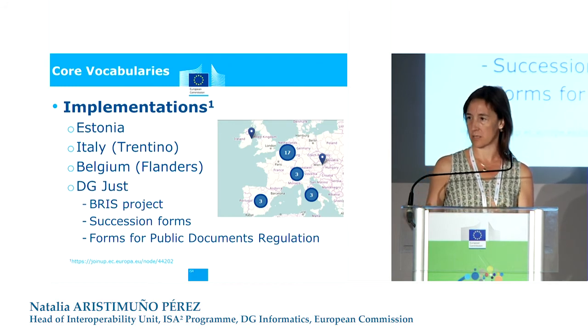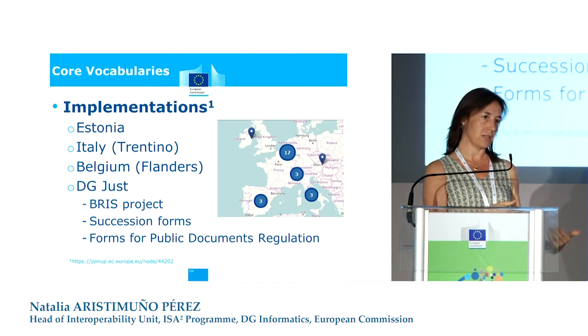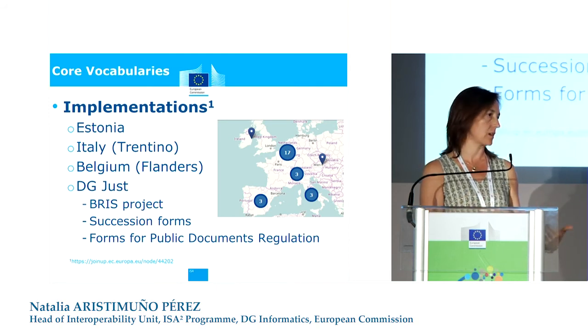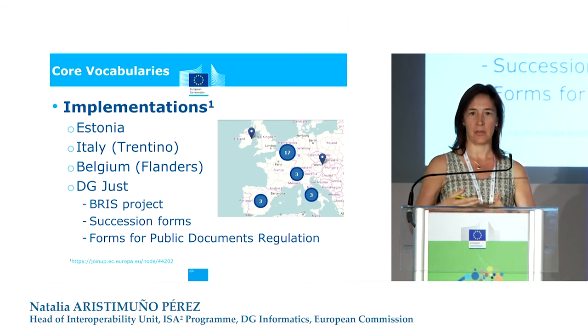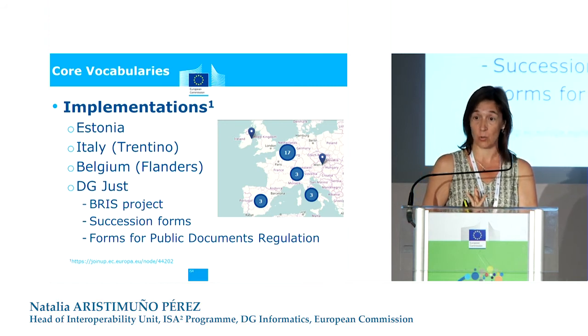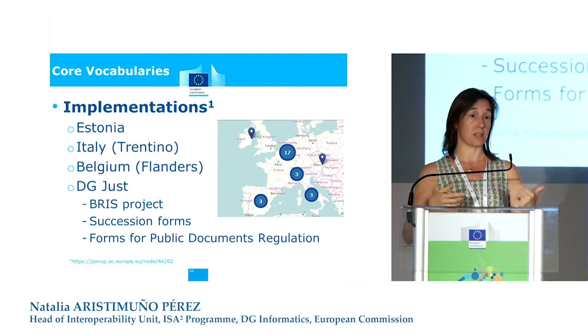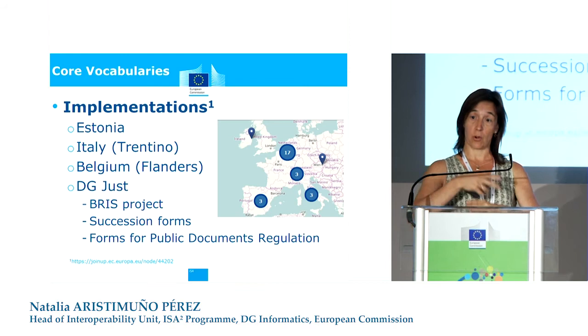This solution has been based on the core vocabulary describing businesses, which has, in fact, made it much easier when defining the solution, not having to invent a new description of business that would need an agreement from all the member states.